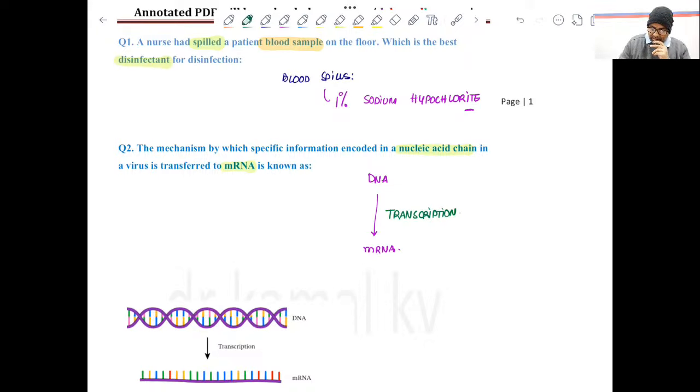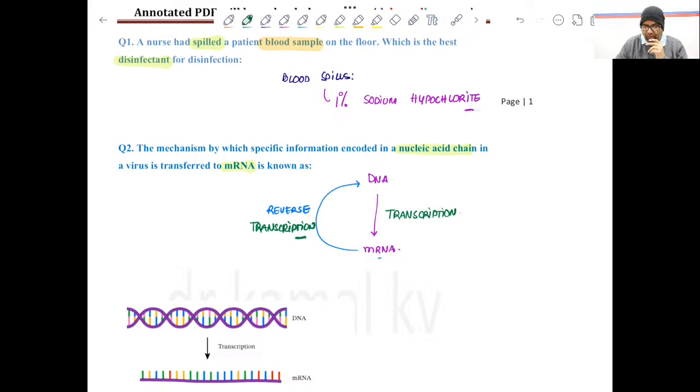And in some viruses like retroviruses, especially HIV, we can see that mRNA is acting as a template for synthesis of DNA. So the reverse is happening. So we will call it reverse transcription. Clear? So transcription and reverse transcription.